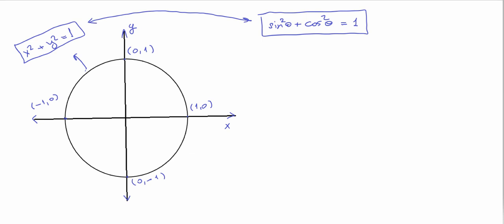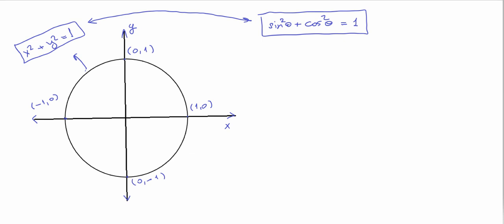Do you think it's possible that if I change sine theta with either x or y and also cosine theta with the other one, I'm going to get again a unit circle? The answer is yes. But here is the question: is x sine theta or is y sine theta? So how can I know that?